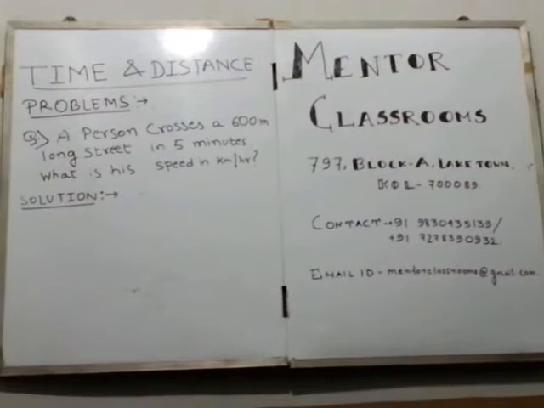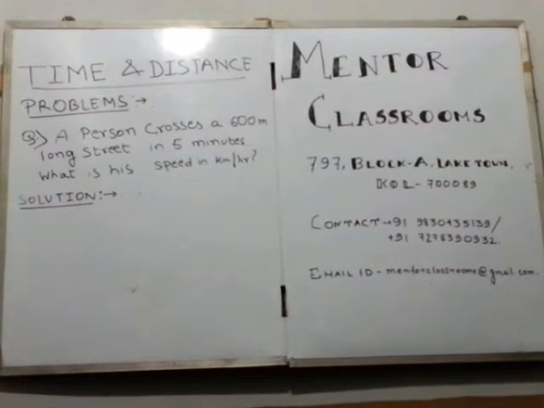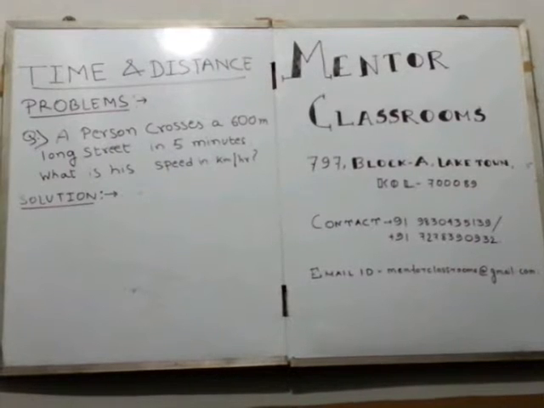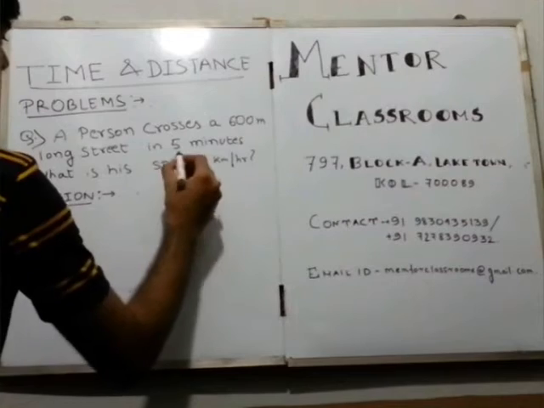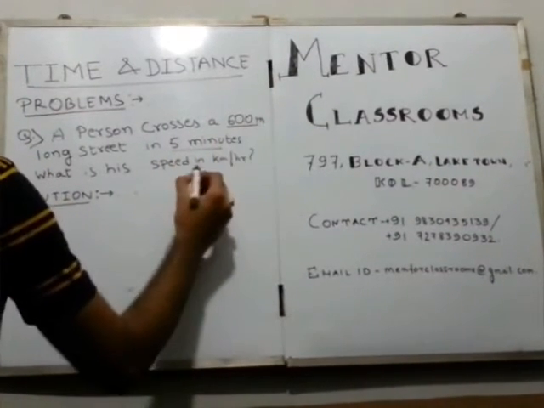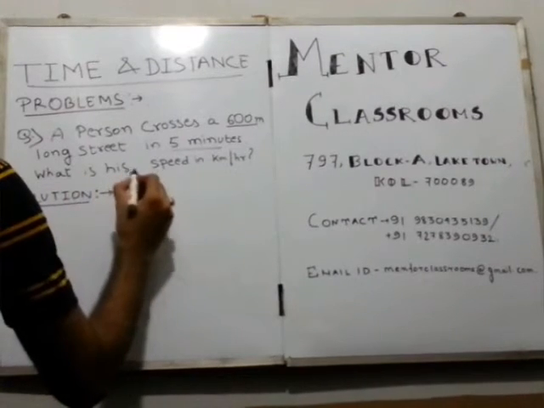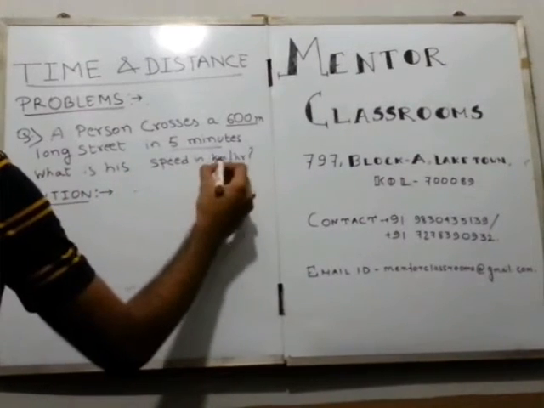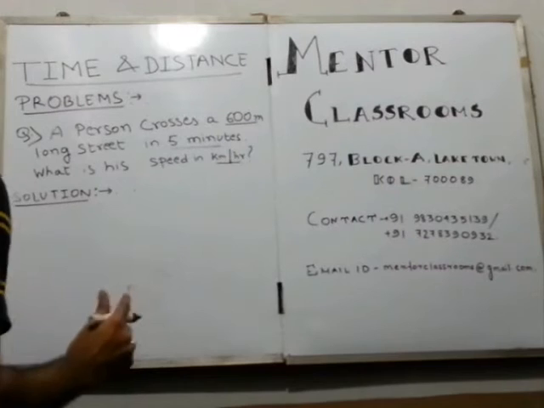First, as I told while I was discussing unit conversions, we have to be very cautious about the units. Now as you can see guys, in this problem, 5 minutes and 600 meter, and we are asked to find the speed in kilometer per hour.